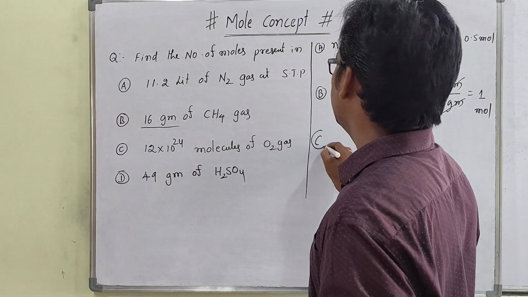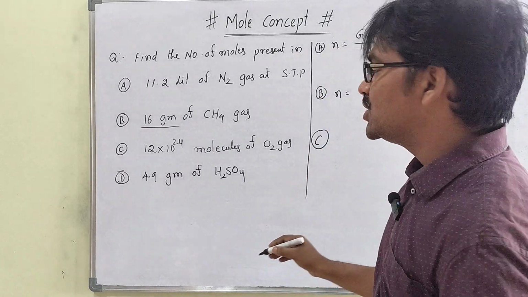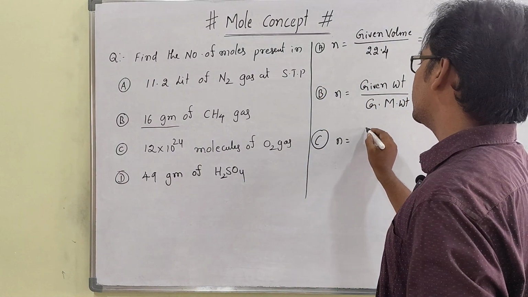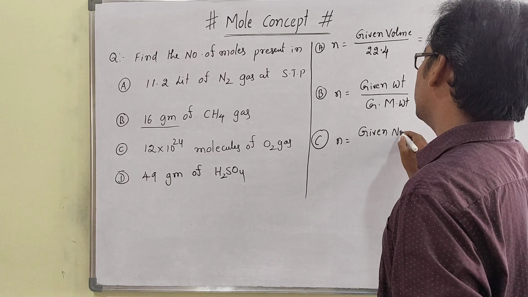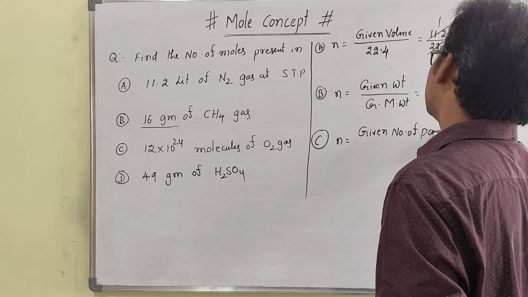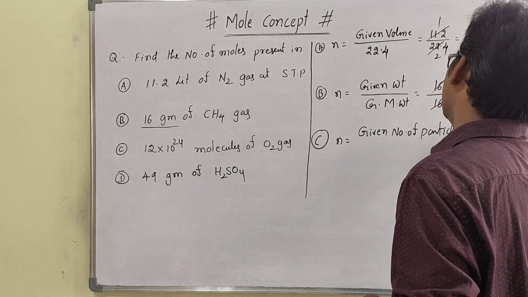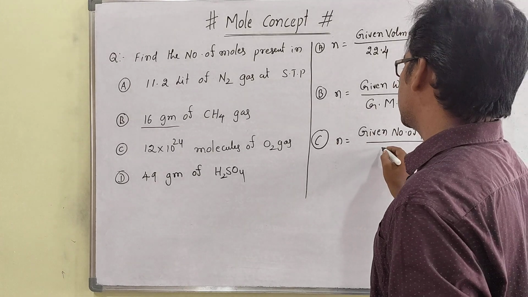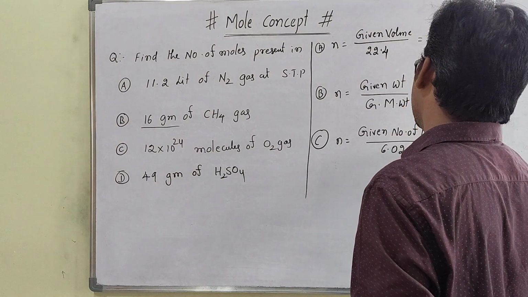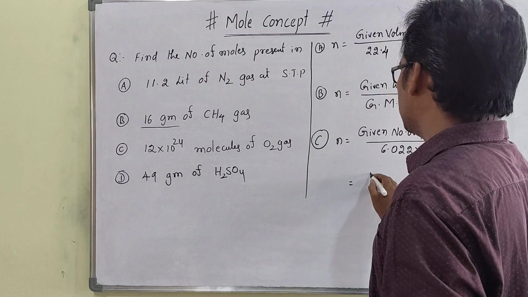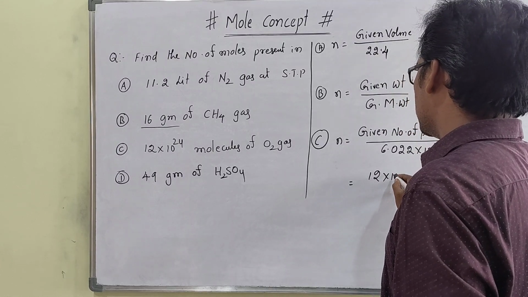In option C, the number of particles is mentioned. When the number of particles is given, number of moles equals given number of particles divided by Avogadro number of particles, 6.022 into 10 to the power of 23. The given number of particles is 12 into 10 to the power of 24.